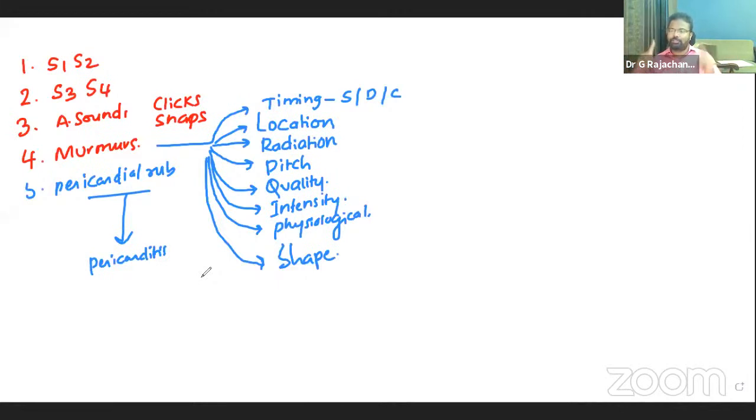But if it is a pericardial rub, once there is a cessation of breathing, that rubbing sound continues. So the pericardial rub and pleural rub clinically can be differentiated just by asking the patient to hold the breath for a few seconds.